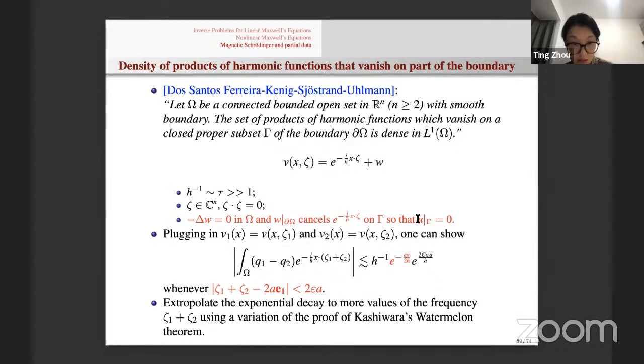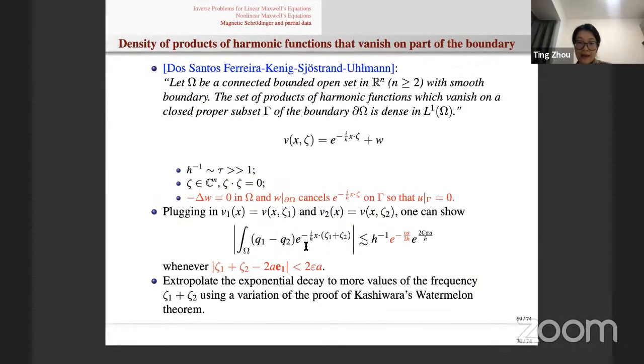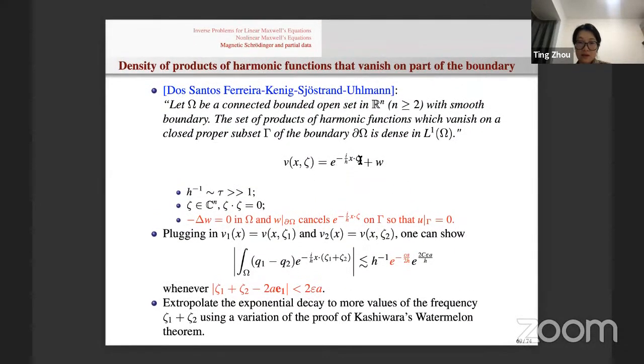I should say U here should be V. So the W, keep in mind, only accounts for this cancellation on the boundary. If you plug in these solutions, V1, V2, looking like this with the W, the first terms give you a Fourier transform of Q1 minus Q2. And then the W terms all go to the right-hand side.